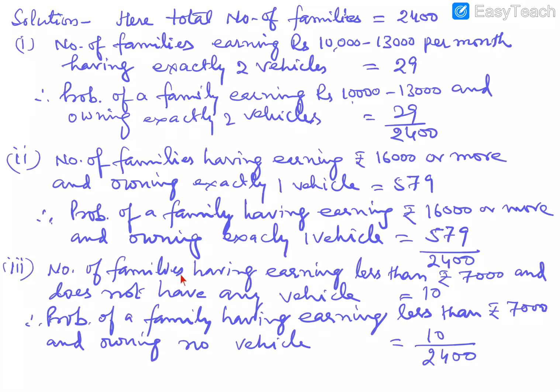In the third part, the number of families earning less than rupees 7,000 and not having any vehicle is equal to 10. And therefore, the probability of a family chosen at random earning less than rupees 7,000 and owning no vehicle is equal to 10 upon 2,400.